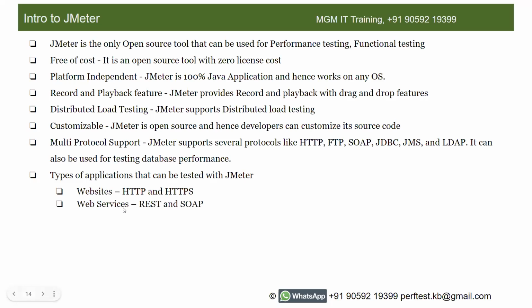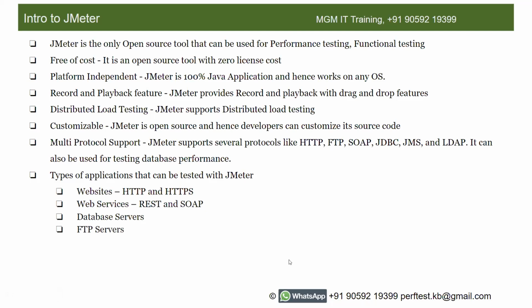Right? And what are the other types of applications supported by JMeter: web services, REST and SOAP. I'll explain what a web service, REST and SOAP are in the coming sessions once we complete web protocol. And it can be used for testing database servers. We can do database performance testing, which we discussed here.